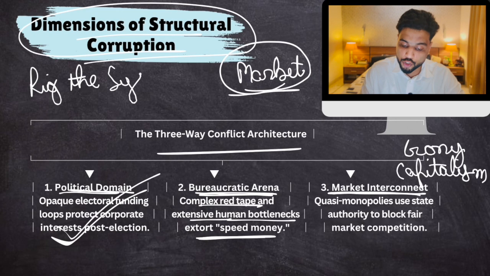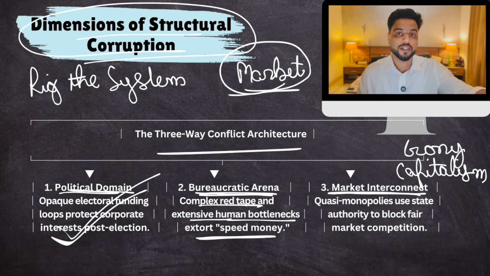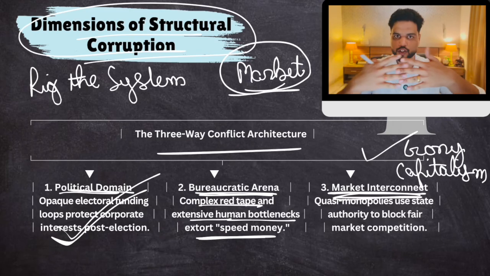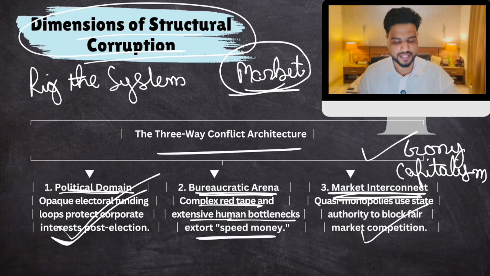Because they are very rich, they have deep pockets, so they bribe public officials to extort some favors. Okay, so it's not a level playing field for all businesses. Small businesses are at a disadvantageous position because big businesses bribe their way to more favors. Okay, so this is there, market interconnect. This is also known as crony capitalism, the immoral nexus between capitalists and public officials.